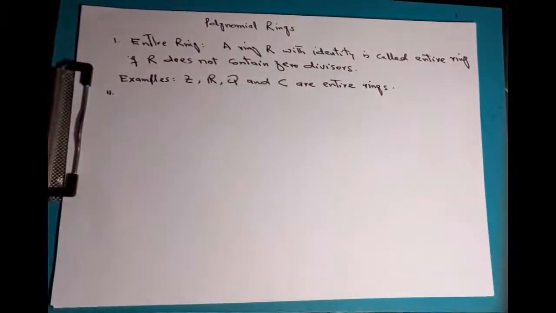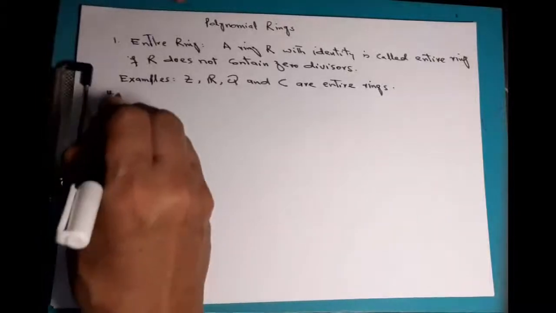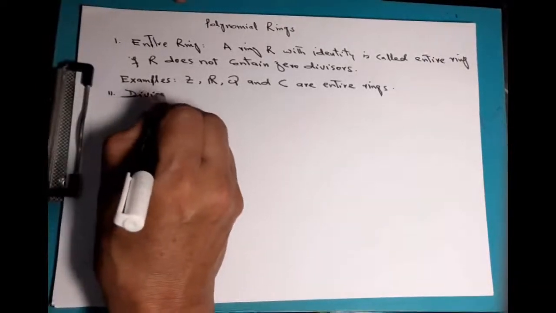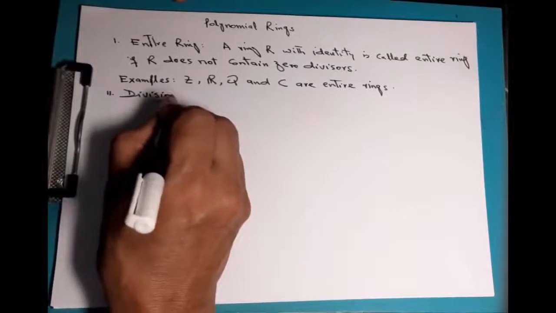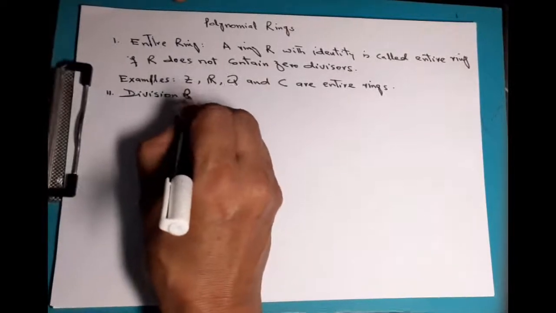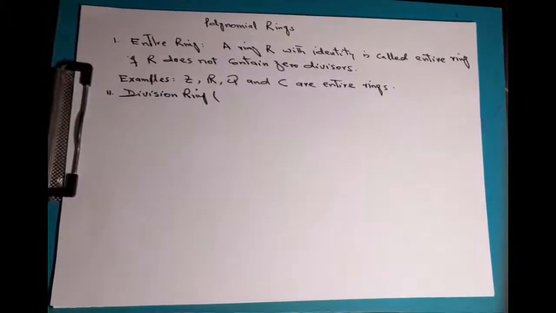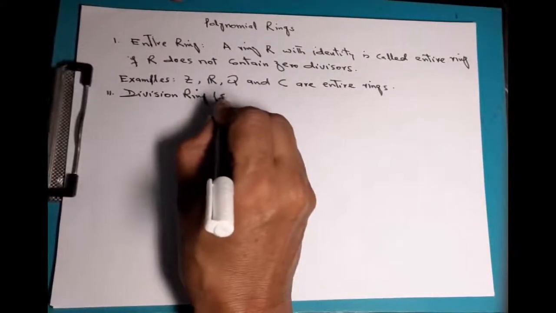Second definition I am going to recall is that of a division ring. Division ring is also called skew field.